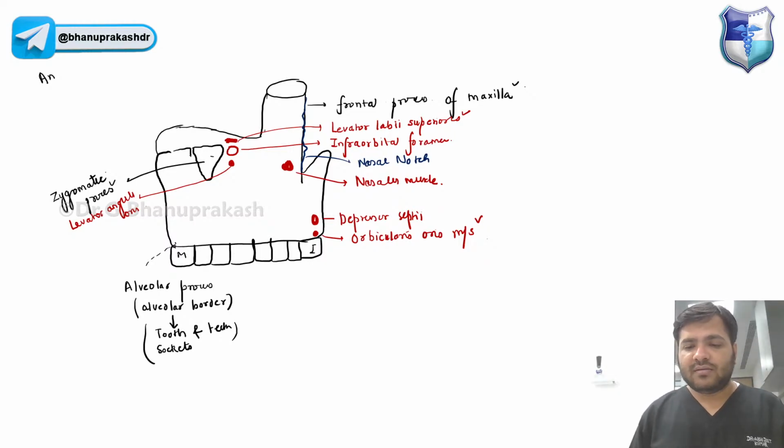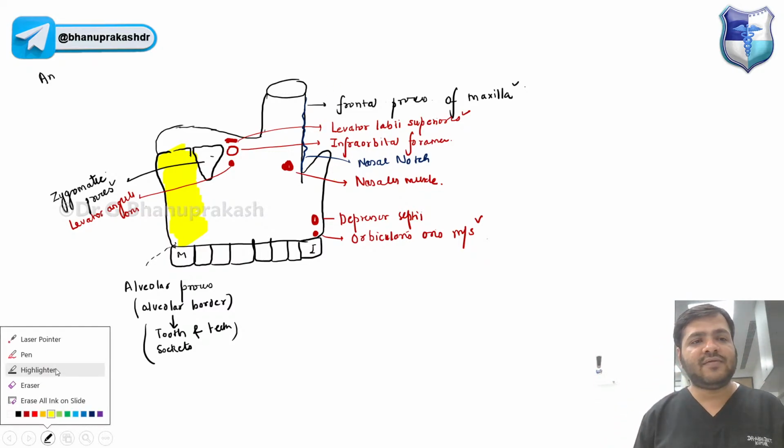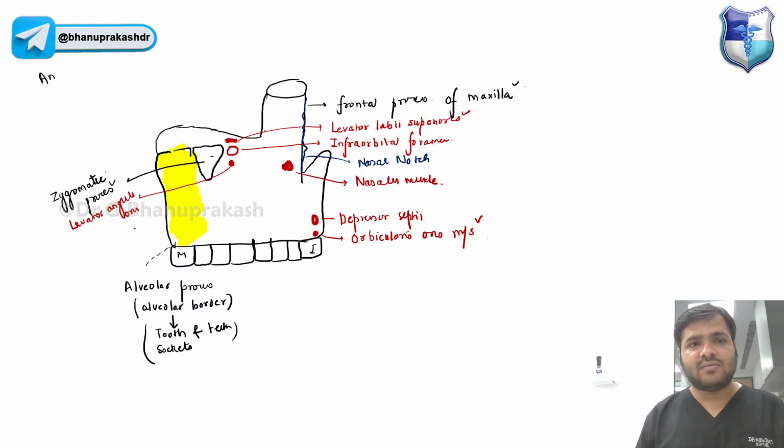Coming on to the most posterior surface, which you can focus on over here. Anterior is on this side. As for the posterior surface, below we have a muscle over here, and that is called the buccinator muscle.